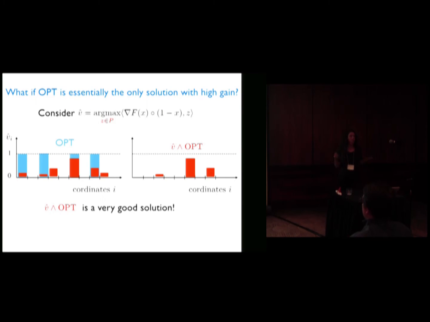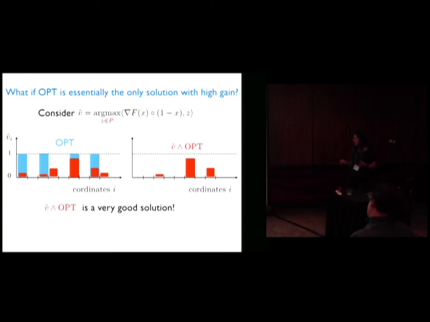Because opt was essentially the only solution with good gain in terms of the inner product, and V hat has the best gain, the maximum gain. So if V hat is going to gain a lot, then it better have a lot of the optimal solution. So the intersection of V hat with opt better be quite good if opt is essentially the only good solution.